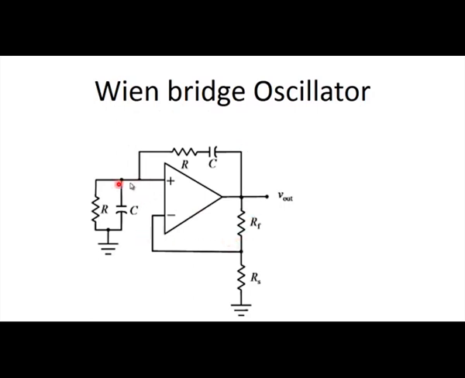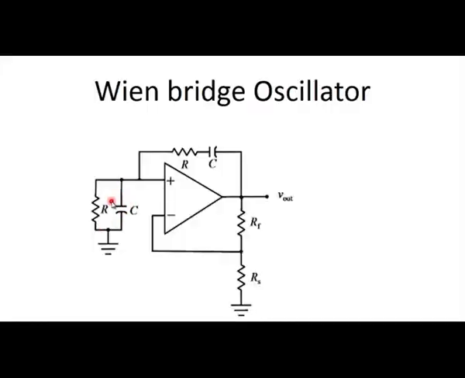And when you look at the circuit, the signal is given to the positive terminal here, and so the amplifier is not going to produce 180 degree phase shift. There is no phase shift in the feedback network also, since the amplifier is now a non-inverting amplifier.